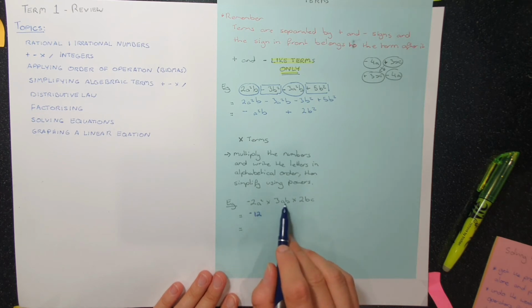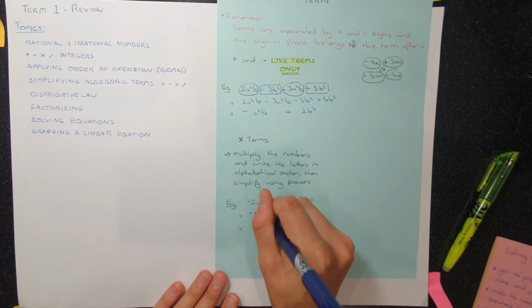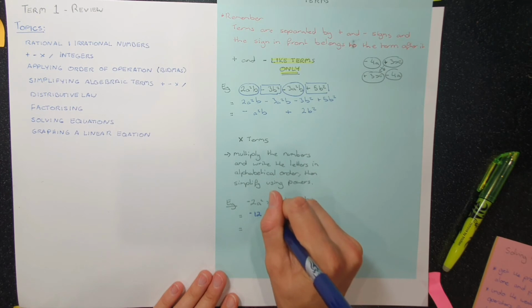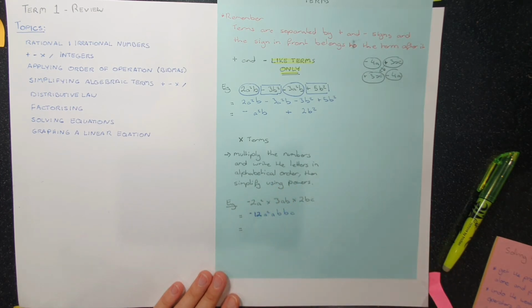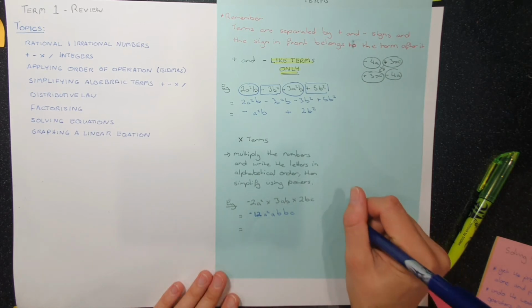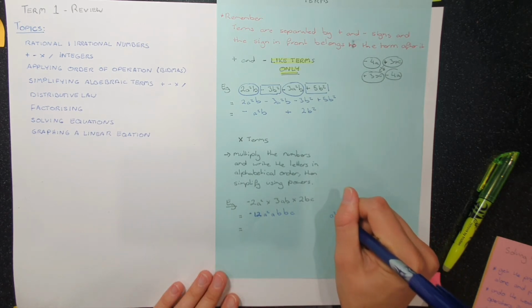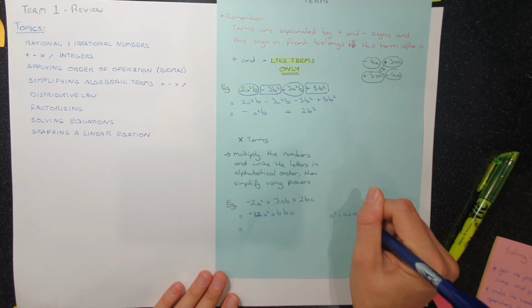Now we need to write out our letters in alphabetical order. So I've got a squared, a, b, b, and c. You know that a squared equals a times a.